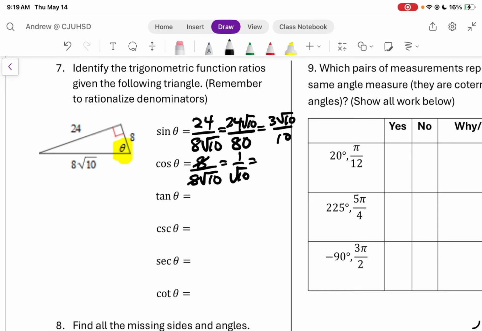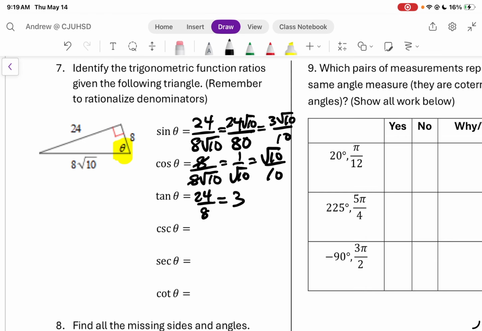If I multiply top and bottom by root 10, I get root 10 over 10. The tangent is 24 over 8, or just 3.